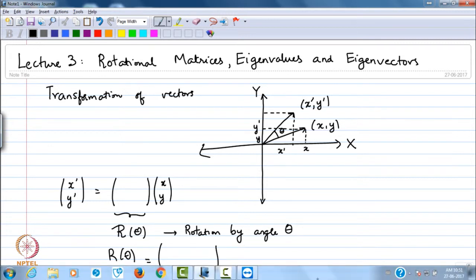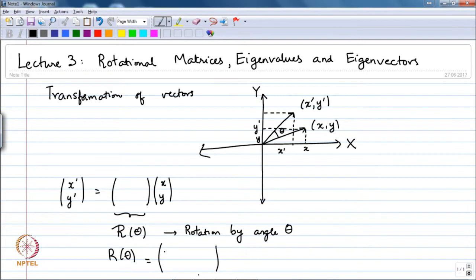So you can easily work out how x prime will be obtained from x and y. I won't work out the details, but this matrix has this form: cos theta, minus sin theta, sin theta, cos theta.